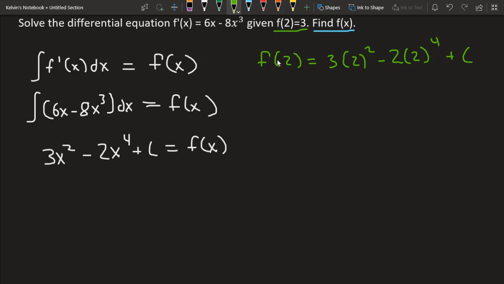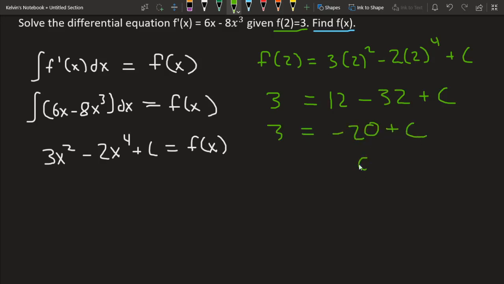And if we simplify all this and replace f of 2 with 3, we get 3 times 2 squared, that's 4, 12, minus negative 2 times 16, negative 32, plus c, and this is just equal to negative 20 plus c.